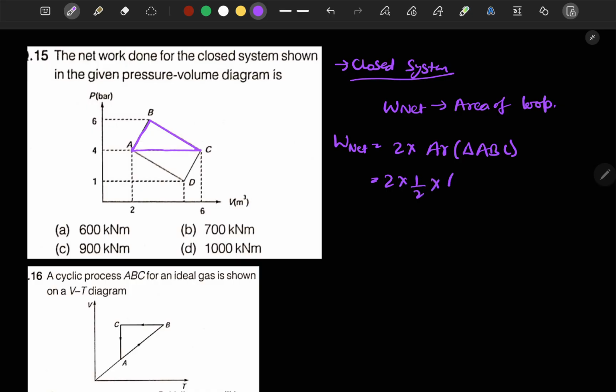What will be the base? Base will be 6 minus 2, and what is the height? Height is 6 minus 4. So what we can get here, 4 into 2 is equal to, okay, so there is something, okay, sorry for the mistake here.